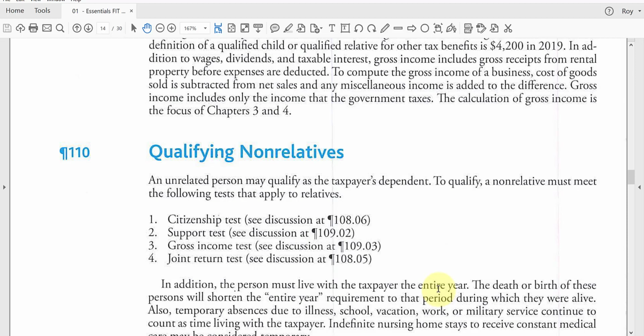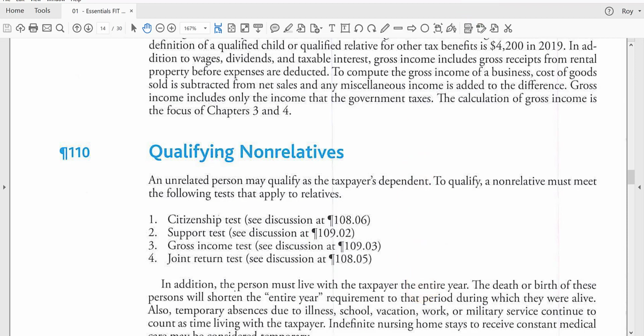You don't have to be related as long as you live in the entire home for the whole year. So an example would be, let's say, a boyfriend or girlfriend, unrelated, not married, living together. So you don't meet the relationship test, but as long as you live in the same home for the whole year, you can consider the relationship test met for other qualifying relative. You still have to meet the other tests for other qualifying relative.